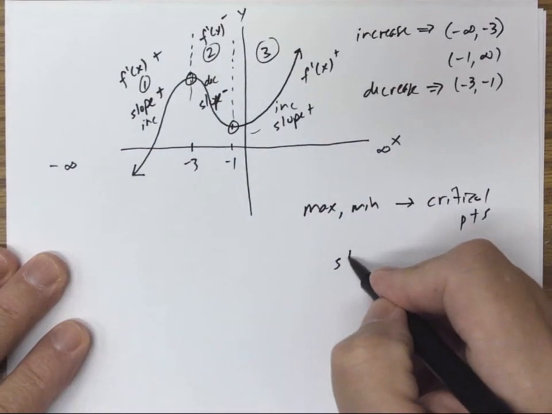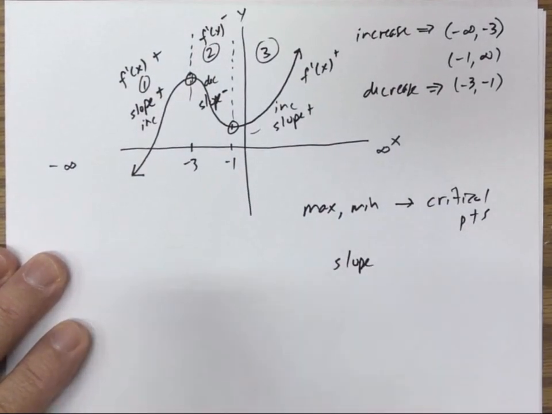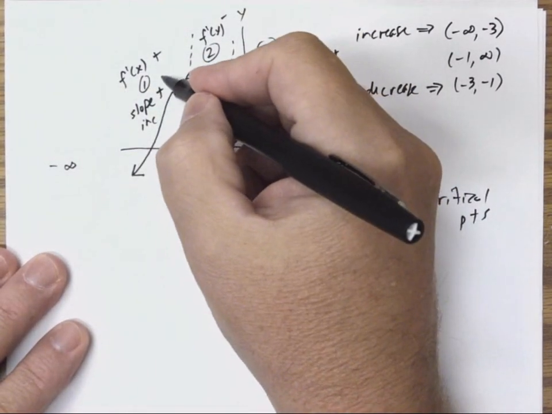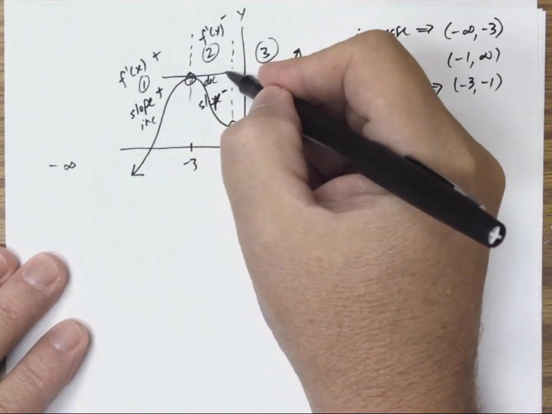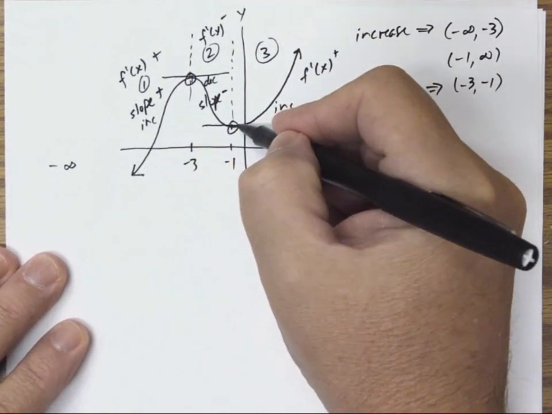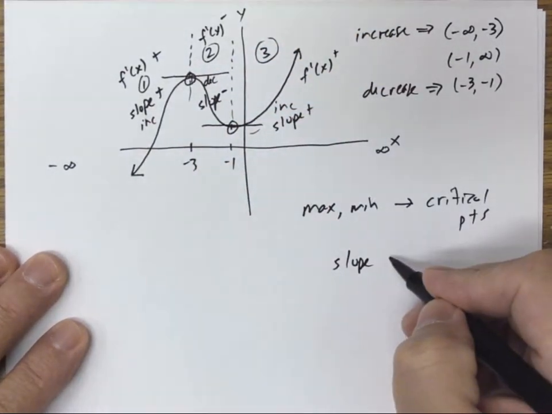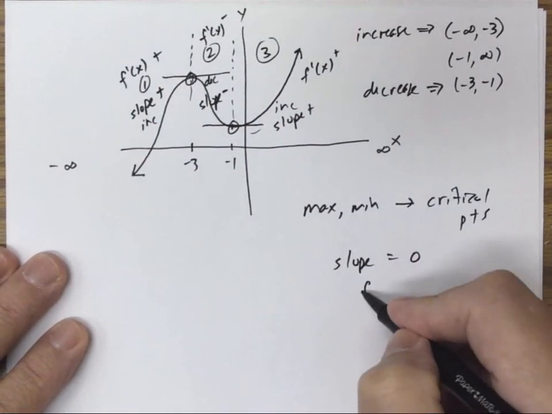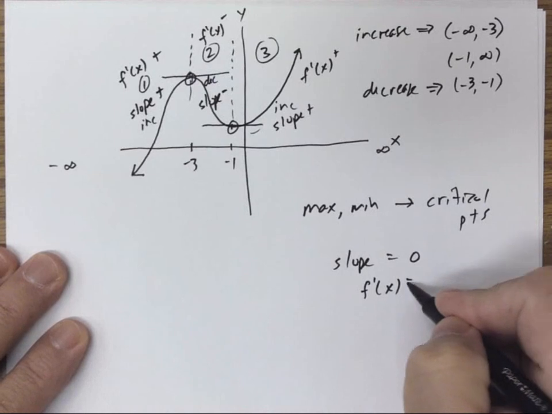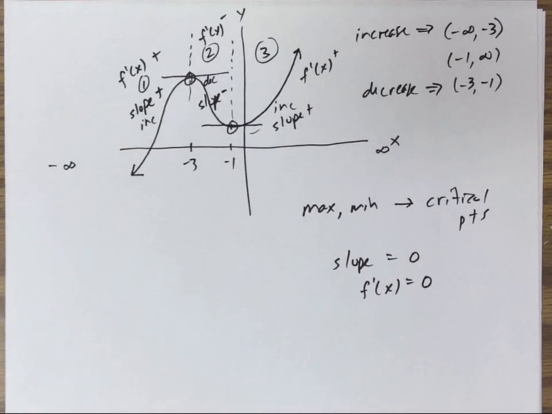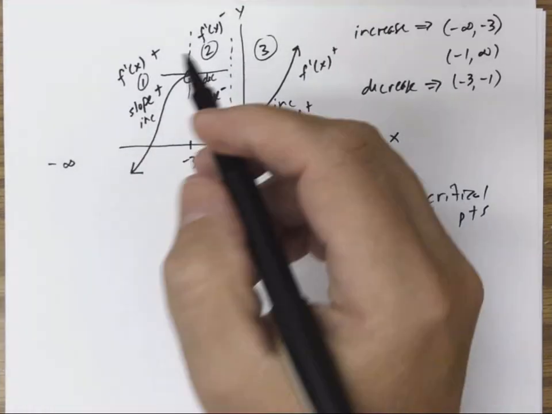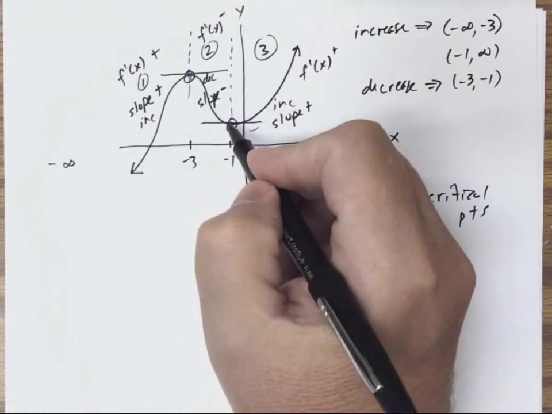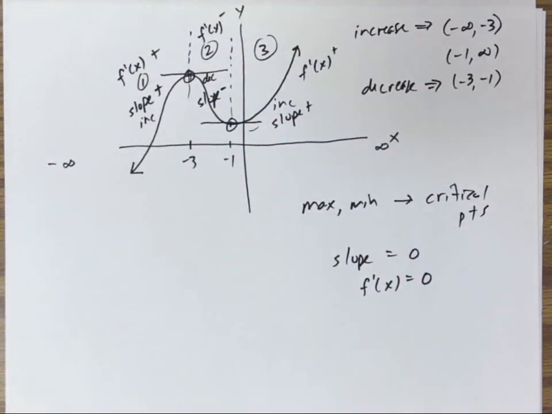So if we draw the tangent line at those points, it's horizontal, which means the slope is 0. That's another way of saying the first derivative is 0. And these actually are the points that break up our graph into regions.